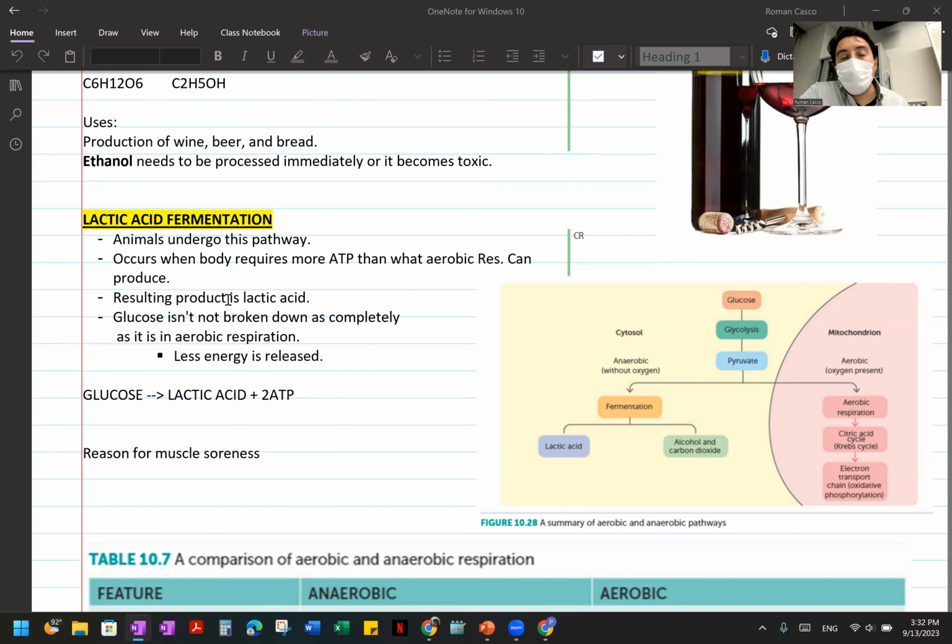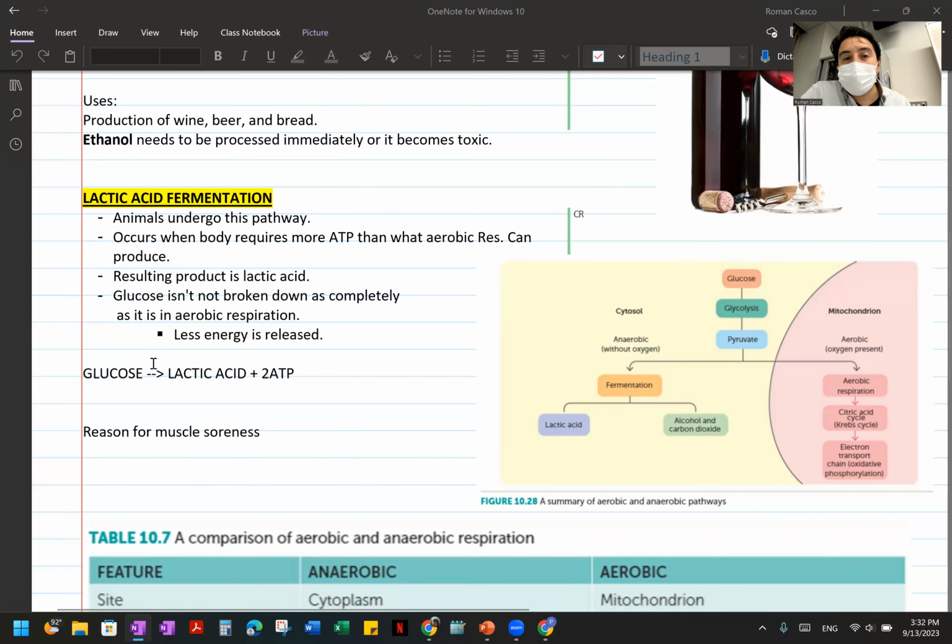So not all the tissues are getting oxygen available to them. They have to rely on another process to continuously produce ATP because they still need the energy, but oxygen isn't going to every single cell in the body. So they need another process to obtain energy.